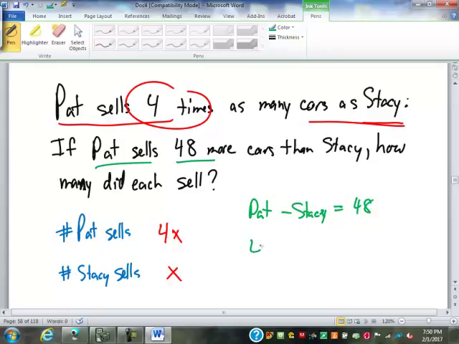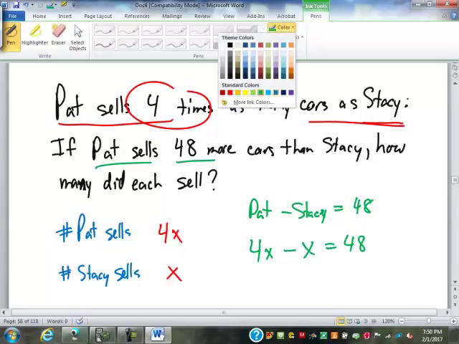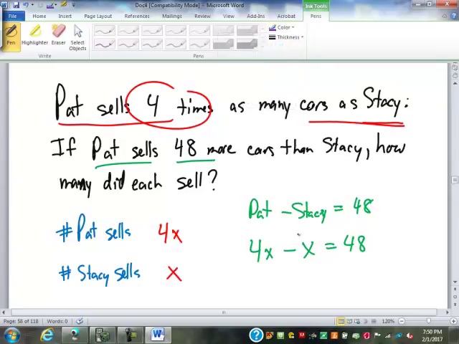So Pat is 4x minus Stacy, which is x, equals 48. Again, we treat that as a 1x, so it's minus a 1x. What's 4x minus 1x? 3x. So 3x equals 48.